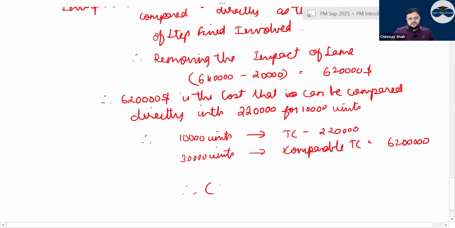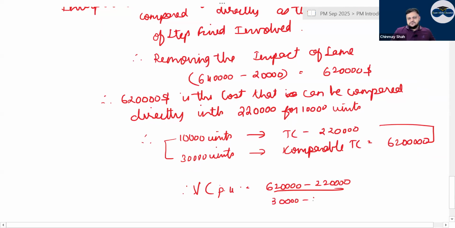Therefore variable cost per unit is nothing but the difference: 620,000 divided by 30 minus 10. How much is that? $20 per unit.